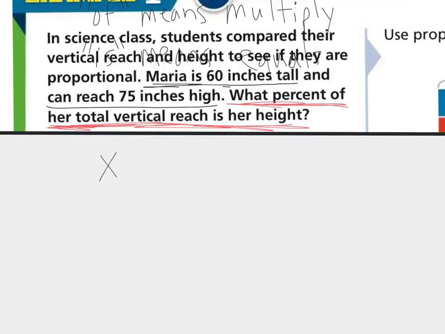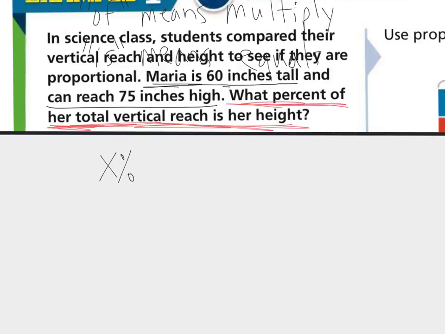If you want to do X, you can. P for percent might not be a bad choice. If you do X, I had a student ask one time, since we're finding a percent to remind themselves of something we're going to have to do in a minute, can we put X percent instead of just writing X? And I'm okay with that. Okay, so the X percent, that's standing for what percent?